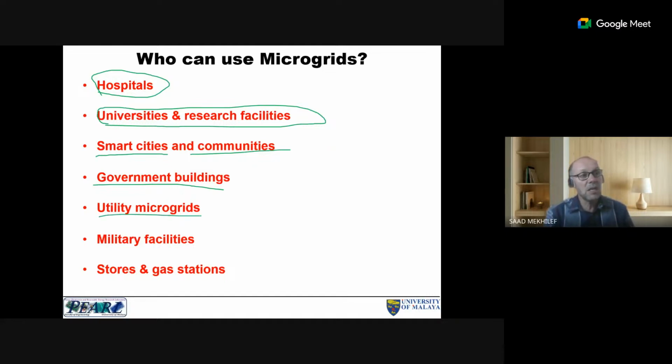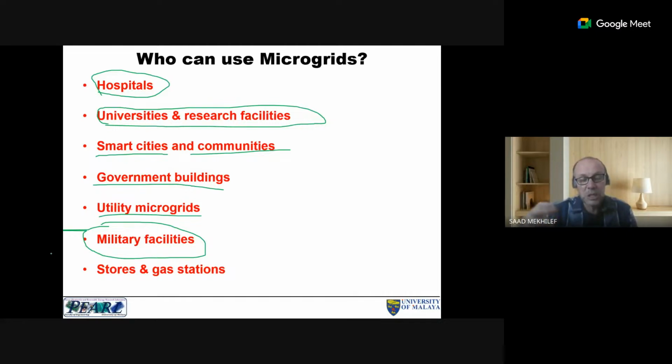Utility microgrids, sometimes you may have a utility microgrid. Military facilities, also this is very common. Most of the military bases are usually remote, and sometimes they get displaced.